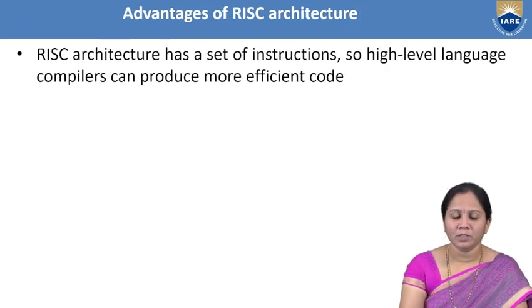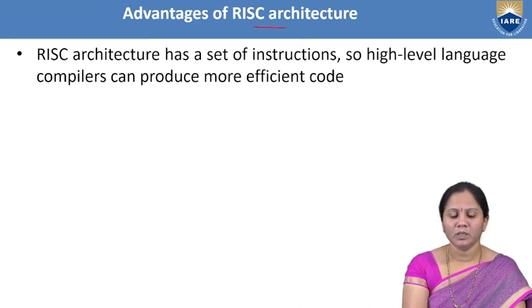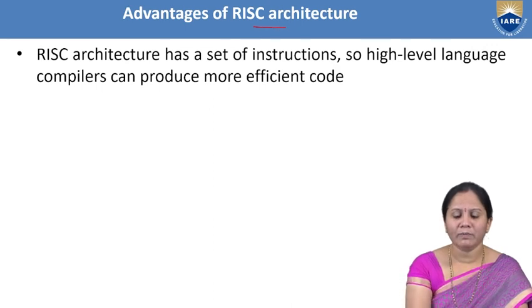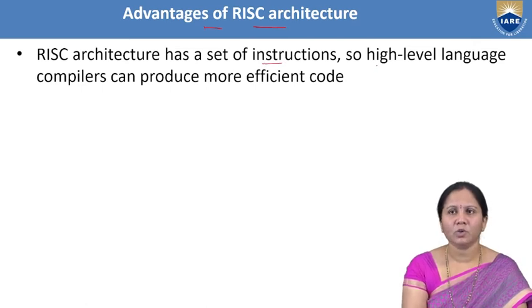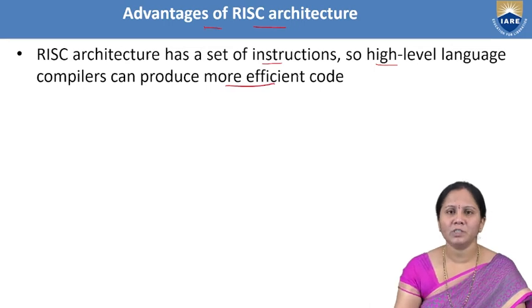Now, here are the advantages of RISC architecture, based on its characteristics or architecture. RISC architecture has a reduced set of instructions, so high level language compilers can produce more efficient code.